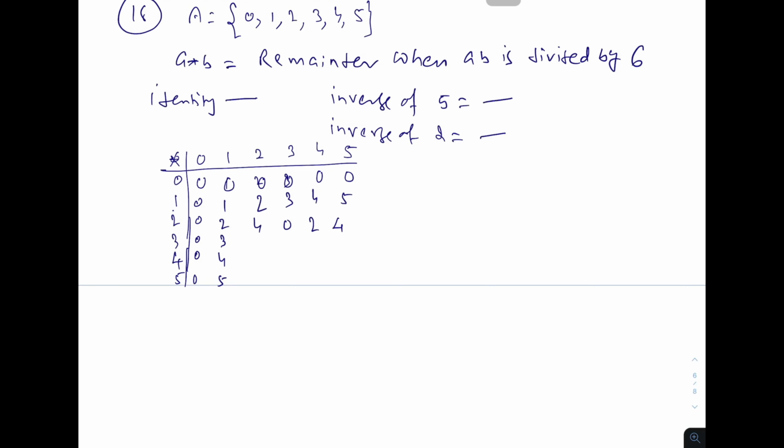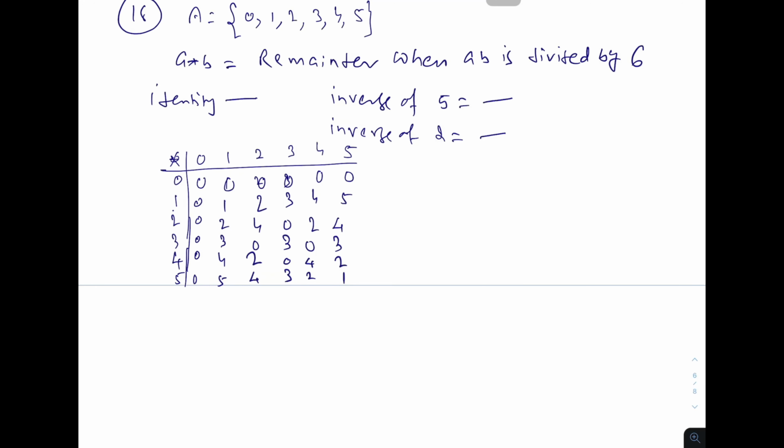Then 3 2s are 6, 0. 3 3s are 9, so that is nothing but 3. 3 4s are 12, divided by 6, so that is 0. 3 5s are 15, divided by 6, so that is 3. Similarly you can complete this. 5 5s are 25, 25 divided by 6, the remainder is 1.